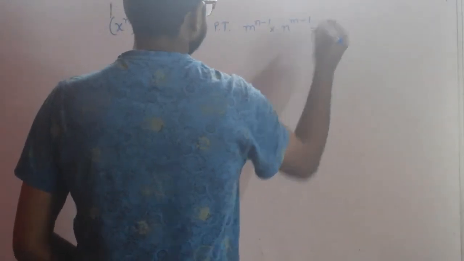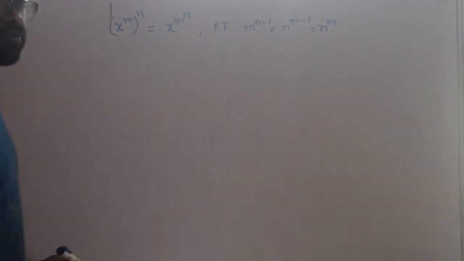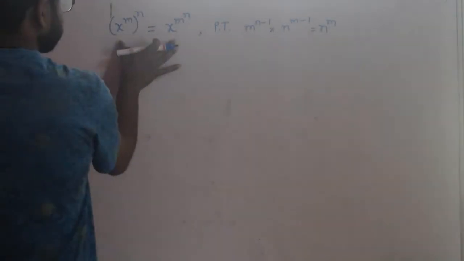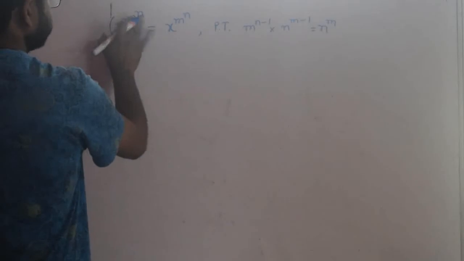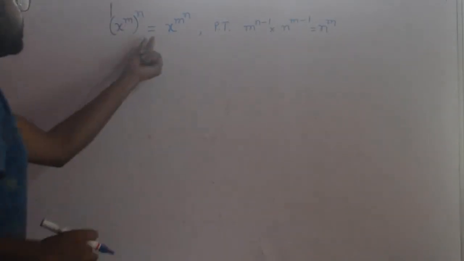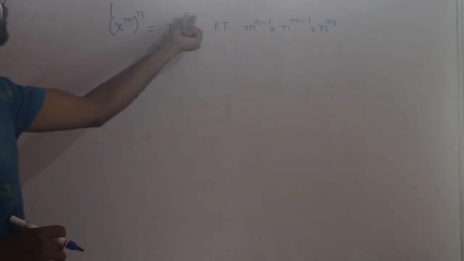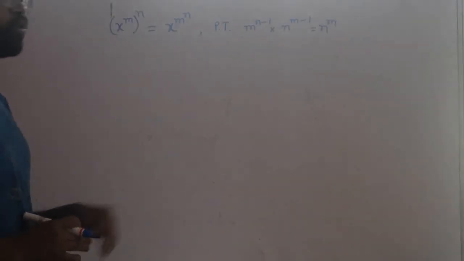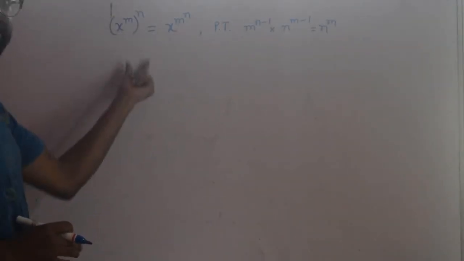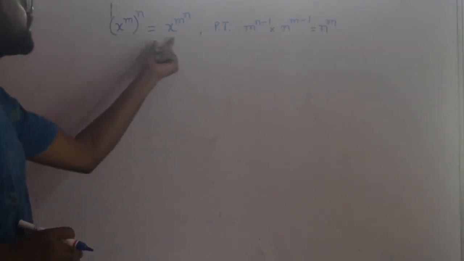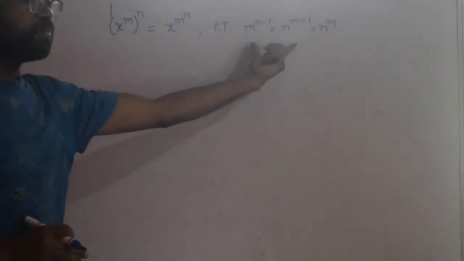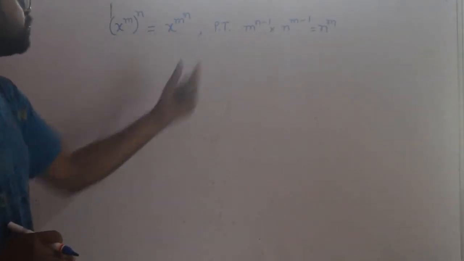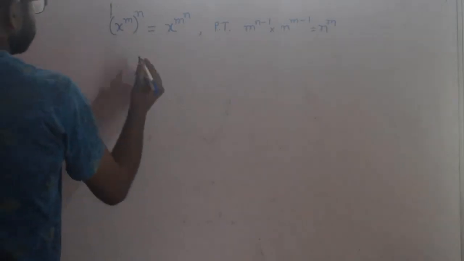Now when you get this type of questions, what is the condition given? x to the power m whole to the power n is equal to x to the power m to the power n. In general, we know these two are not the same, but it's given here that these two are the same. Then you have to prove this part. So when you have to do this type of proofs, take the condition given.